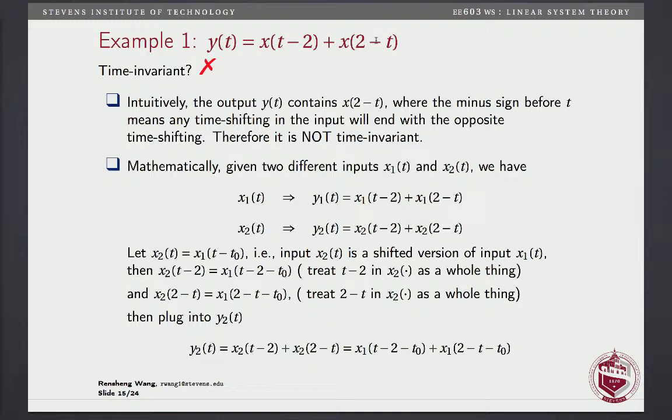You shift a little bit with input x, you should have the same amount of shift with y. But unfortunately, for this term, if you shift a little bit with the input, the output will have some opposite shift. So this is not time invariant.